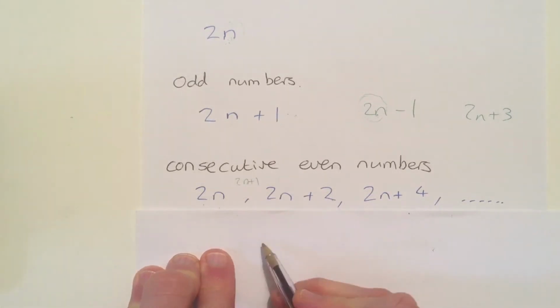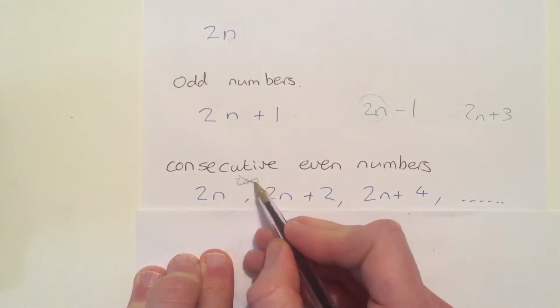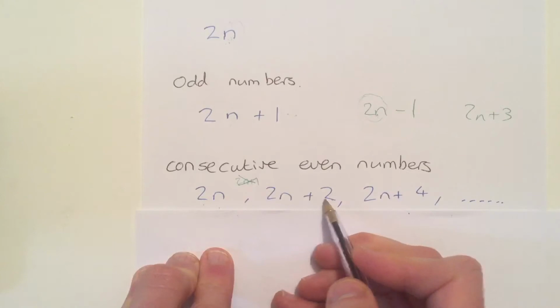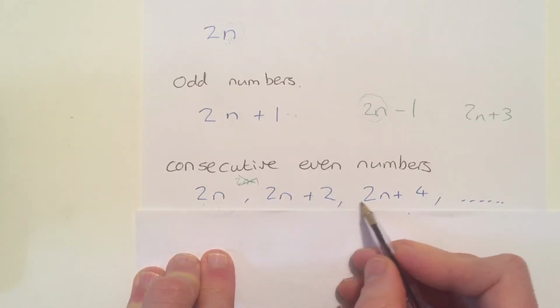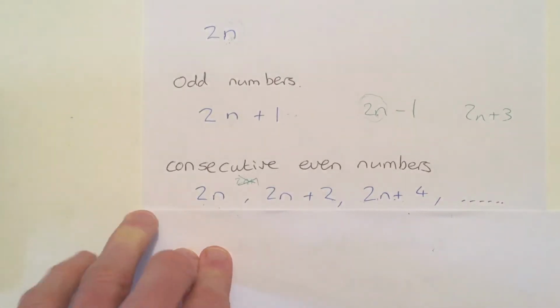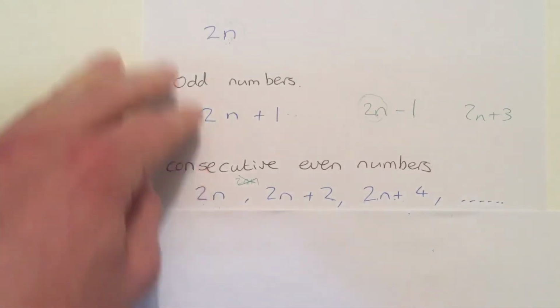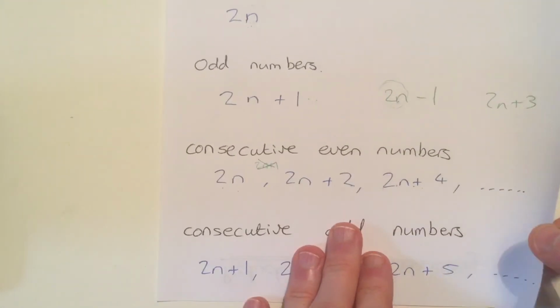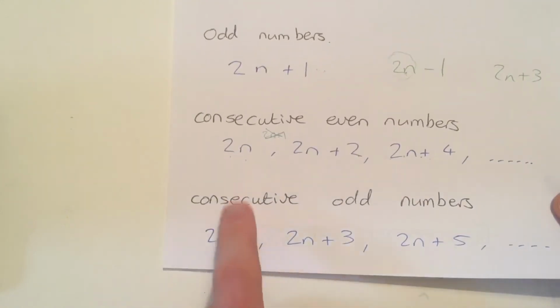That's one more than that, but that's an odd number. The next even number after 2n would be 2n plus 2. And then the next even number after that would be 2n plus 4, 2n plus 6, and so on. So these are consecutive even numbers. And then those would be consecutive odd numbers. So this is how we can represent different types of numbers using algebra.